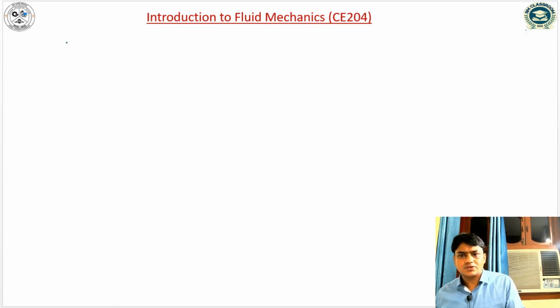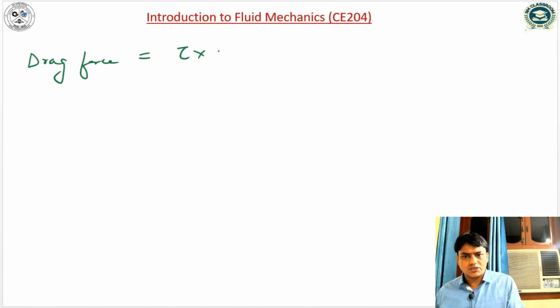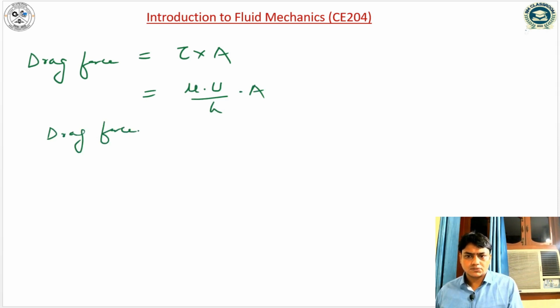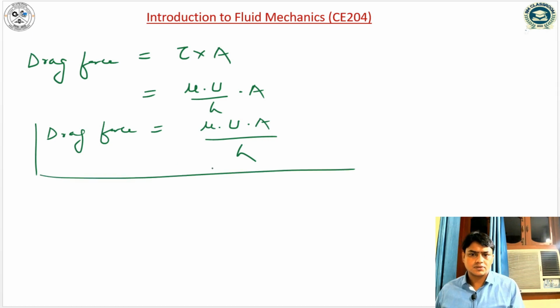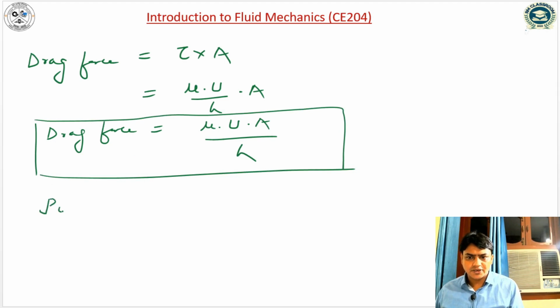So the shear force or drag force can be written as drag force is equal to tau into A. So it will be mu into U by H into A. So the drag force is equal to mu into U into A divided by H. Similarly, power can be written as force into velocity.